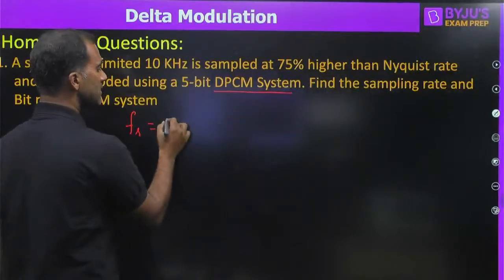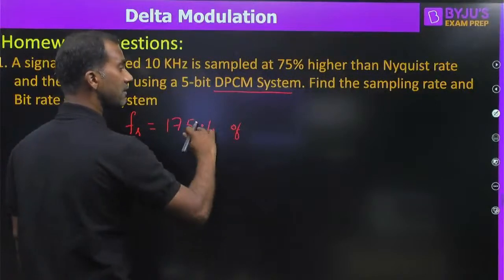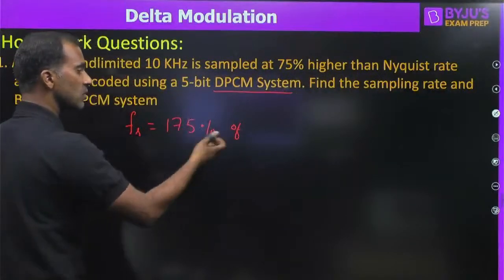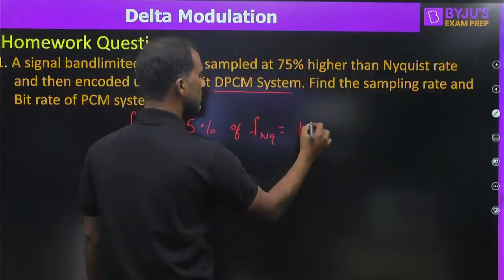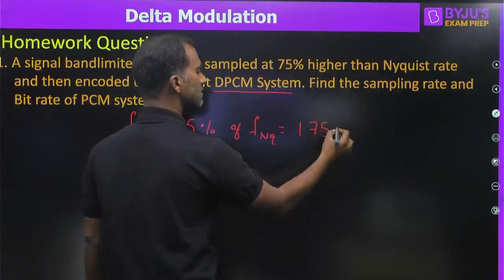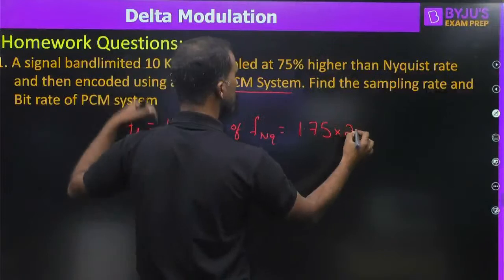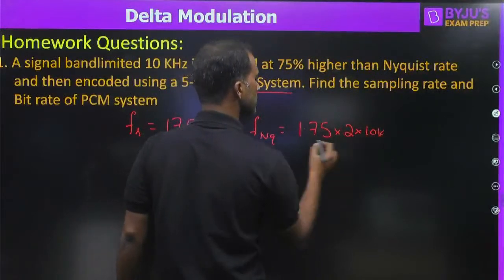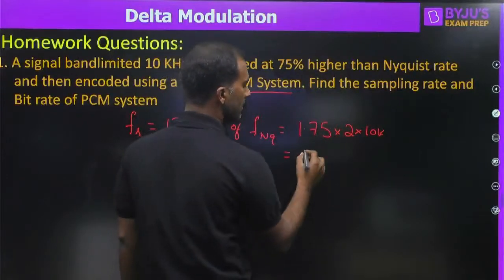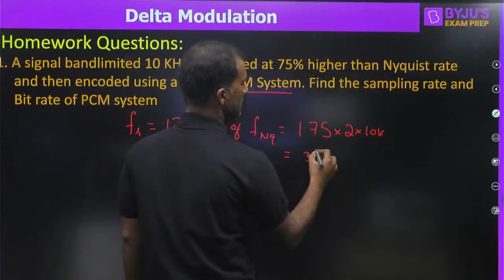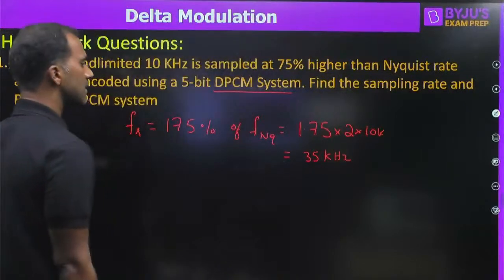Then 75% higher means it is 175% of Nyquist rate, which converted into normal scale is 1.75 into Nyquist, which is 2B, and bandwidth is 10 kilohertz. So 1.75 into 2 is 3.5, 3.5 into 10 is 35 kilohertz or kilo samples per second, you can say. That is the sampling rate.